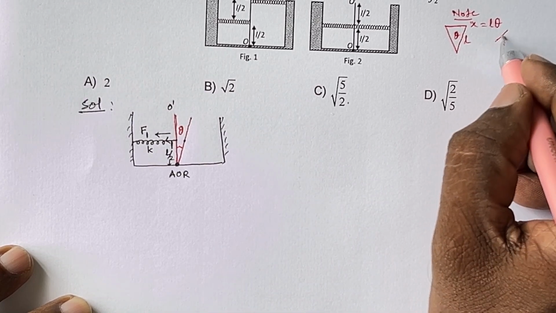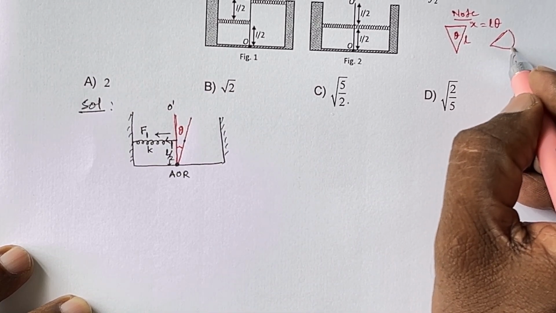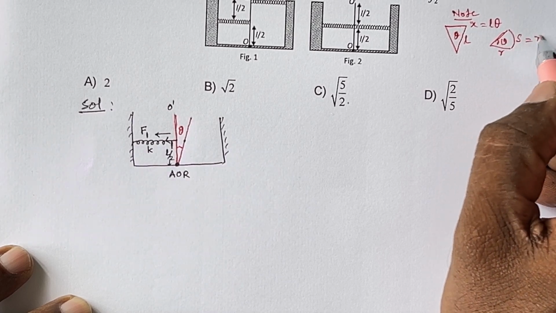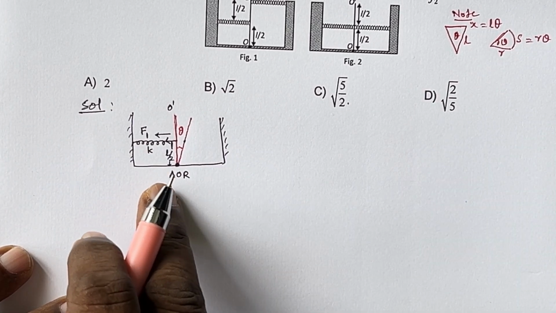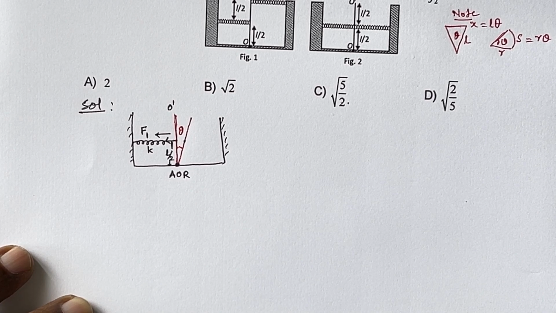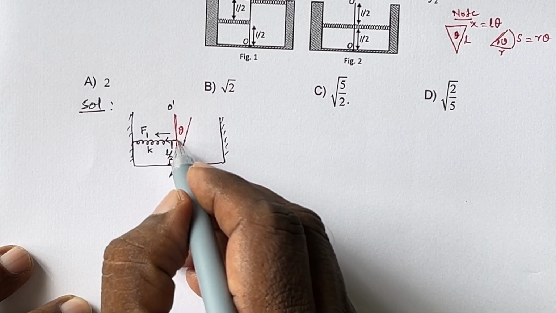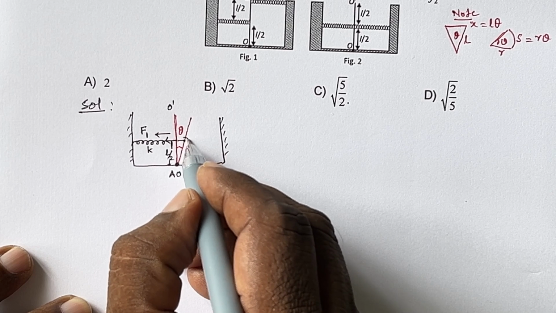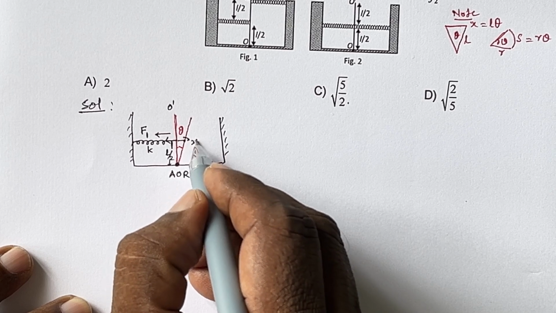Actually, it is the sector formula you might have known: this is theta, this is r, and s is equal to r theta. This formula I am using here. So here the linear displacement I will take as x.